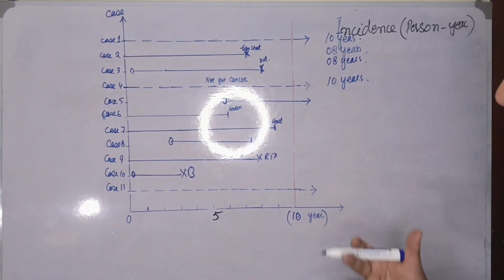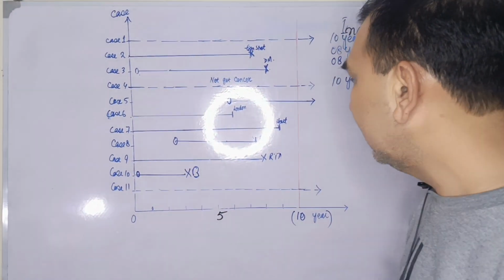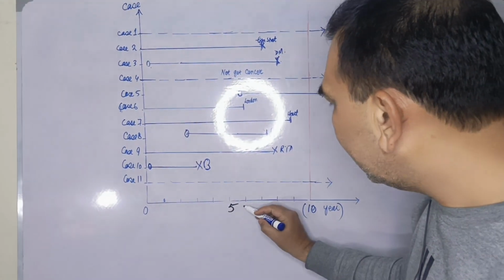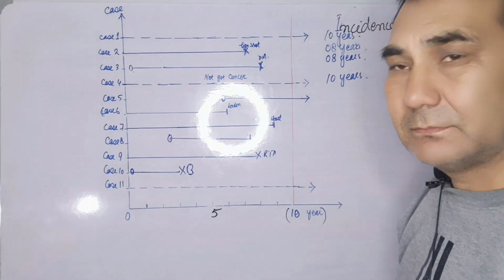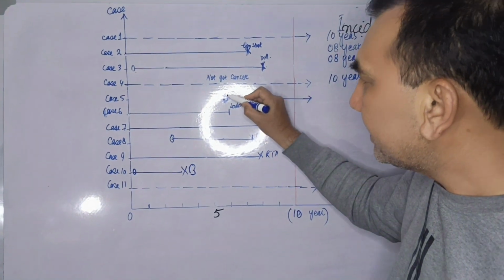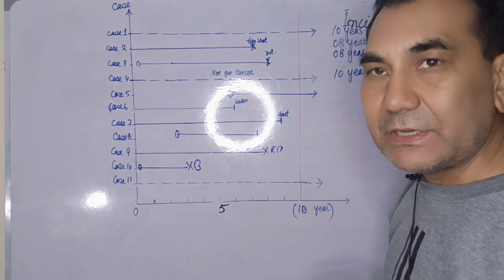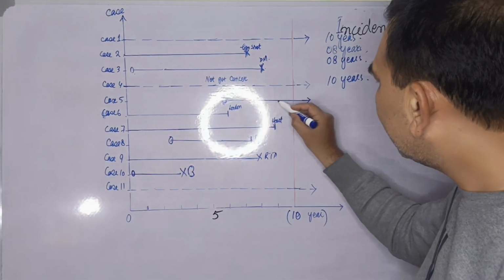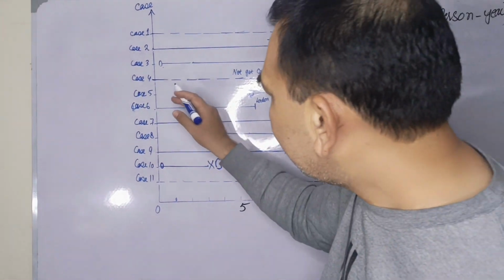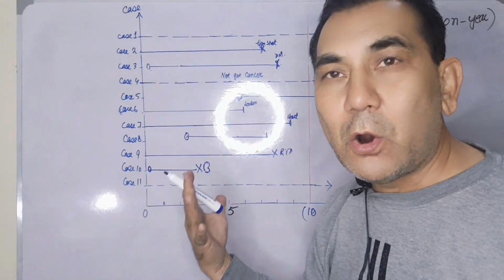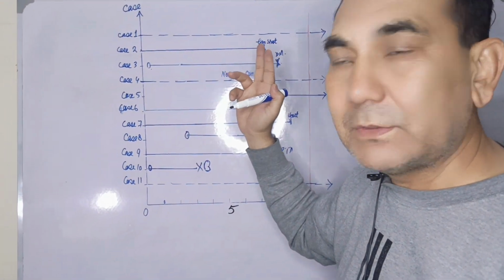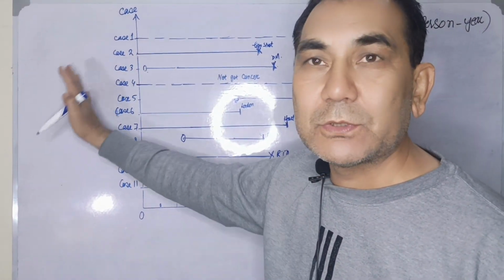Now case number 5 is very different, or typical. The onset of the disease, the cancer, occurred in the 6th year, and it continues after that until the 10 years. So in this typical case, we ask how many years case number 5 remained exposed to the high risk.